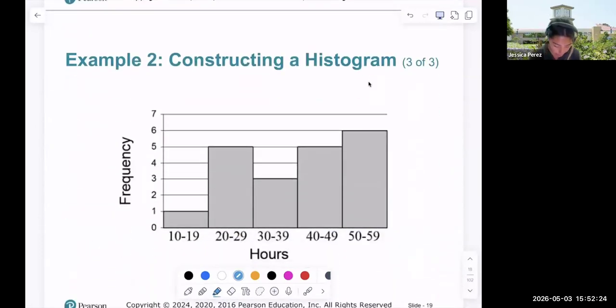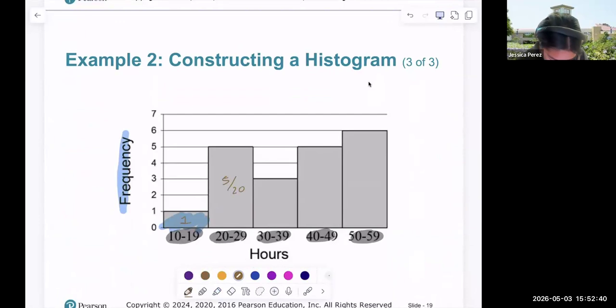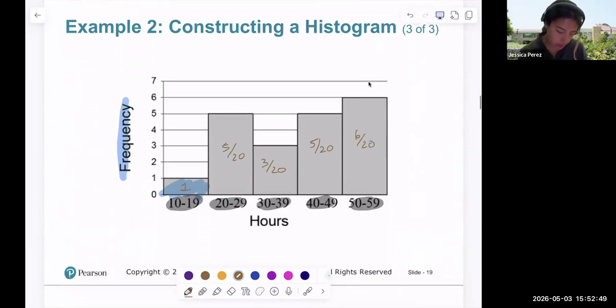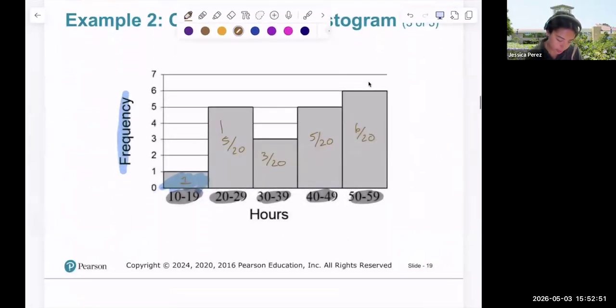So now that we have the data, these are our classes, and the height is our frequency. So the first one was only one. There's a frequency of one time. This was 5 out of 20. This was 3 out of 20, three times. And then this was 5 out of 20. And then this one was 6 out of 20. So remember, the height is the frequency.